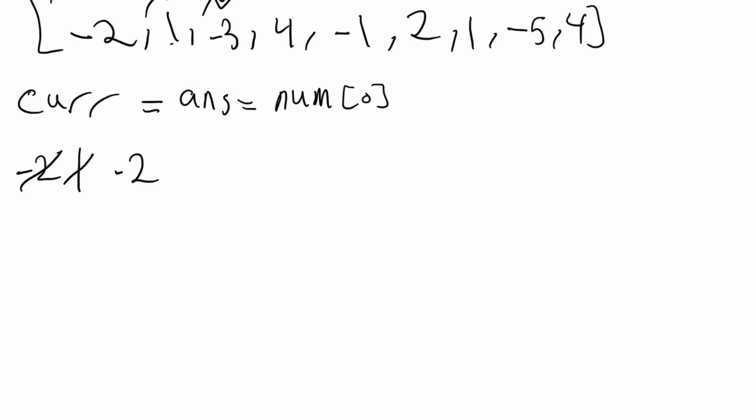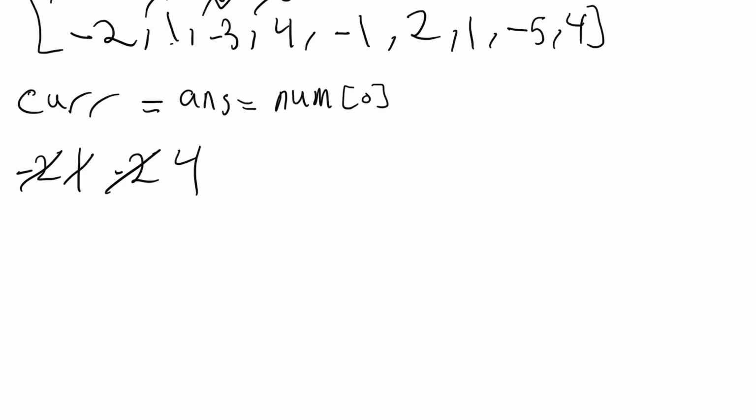Alright, so in my code I'll make an if condition to see if the current is less than 0, and while I'm standing at 4, I found that I have current is -2. So I'm going to assign it to 4.